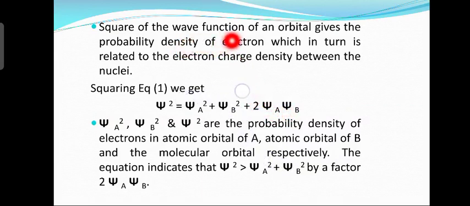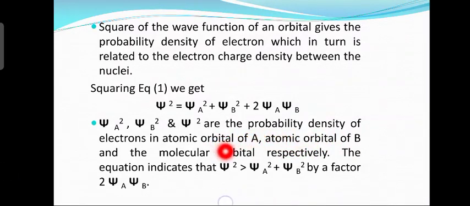It indicates the probability density of the electron, related to the electron charge density between the nuclei. Xi A squared, Xi B squared and Xi squared are the probability densities of electrons in atomic orbital A, atomic orbital B and the molecular orbital respectively.